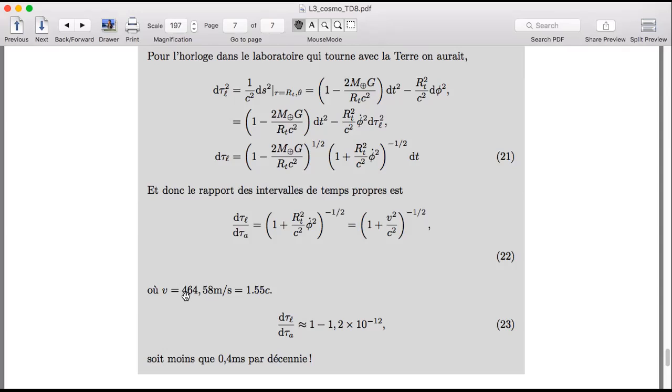So it's 10 to the minus 6. Actually, I think this is simply 1.55 times 10 to the minus 6. And then when you square that, you're going to get about 2.3 times 10 to the minus 12, right?